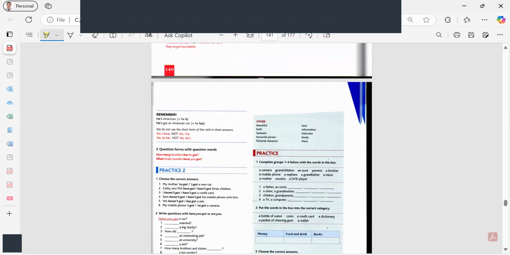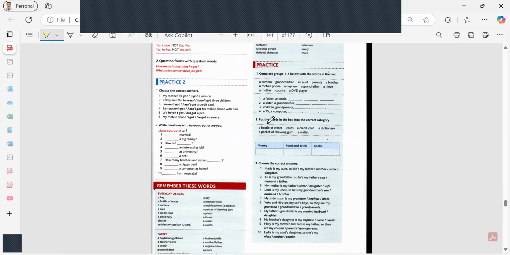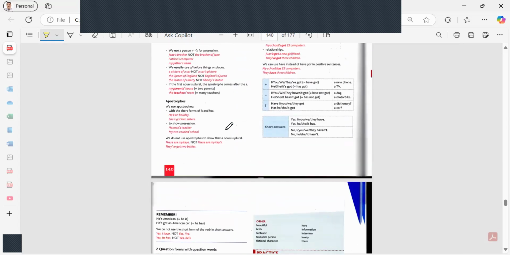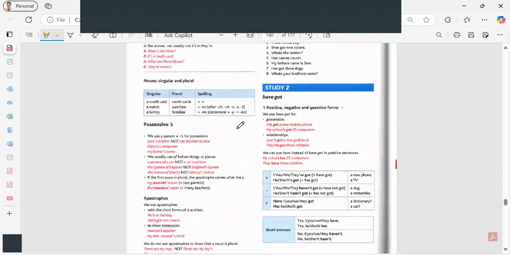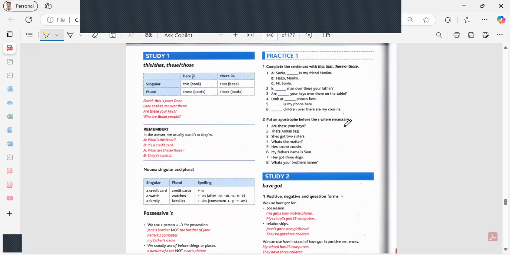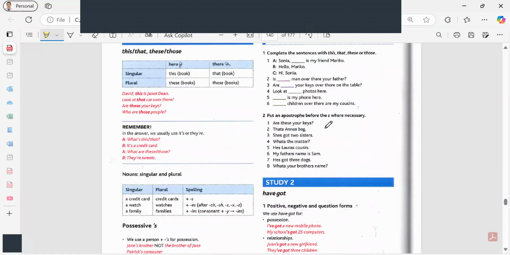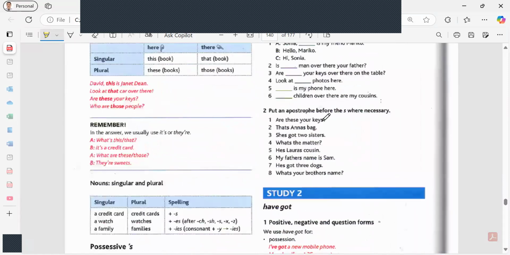Okay, so let me do another one. This is unit 2. Put apostrophe before the S where necessary.